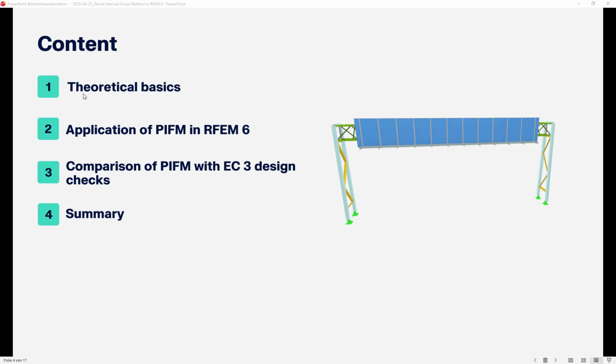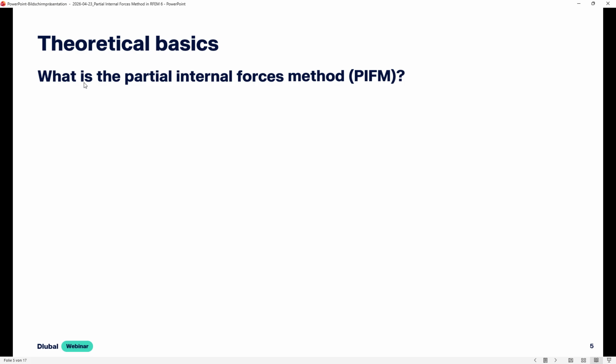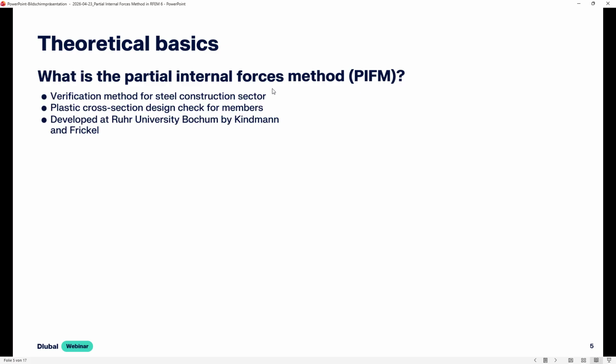Okay. Let's start with the first point, theoretical basics. We start completely at zero, and maybe the first question you may ask is, what is the partial internal forces method? This is a verification method which can be used for steel design, so for the steel construction sector.